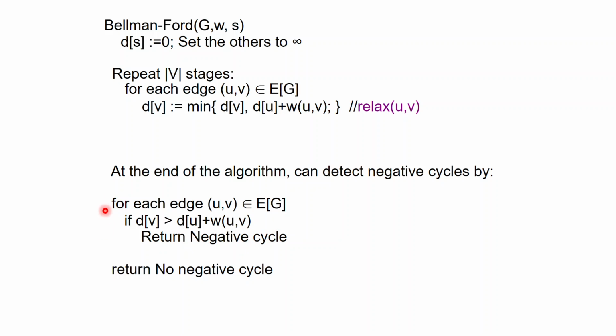Otherwise, if this never happens, then you return that no negative cycle exists in the graph. So the Bellman-Ford algorithm accomplishes two things. First, it computes the minimum distance, and it also allows you to know if there are negative weight cycles in the graph.